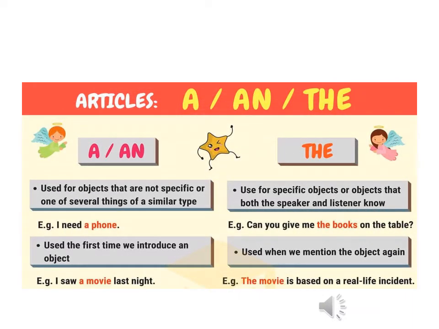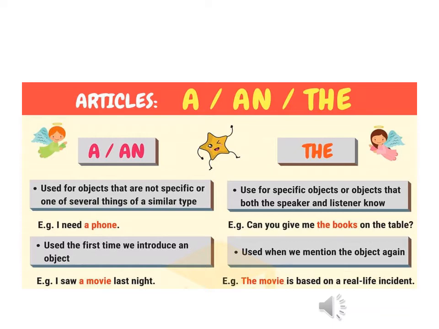Right. If you take a look at a and the, we use a when there is no specific thing that we are particularly pointing or mentioning at. But when it comes to the, we use it if there is a specific thing that we need or are pointing out.